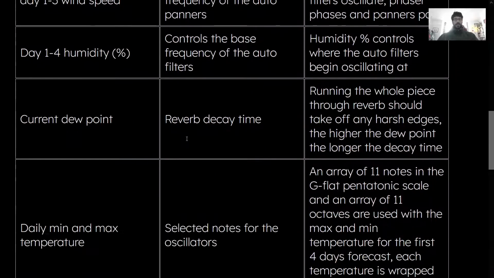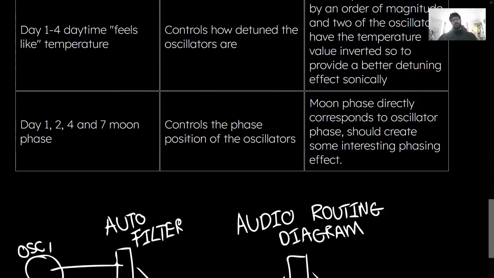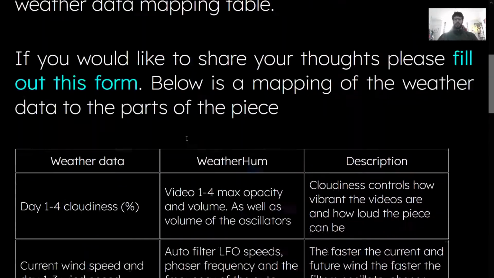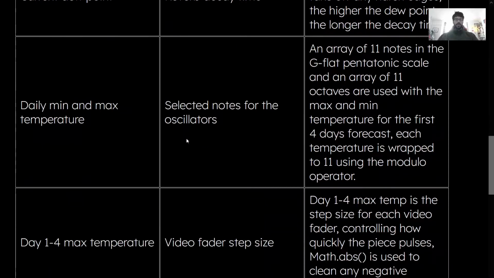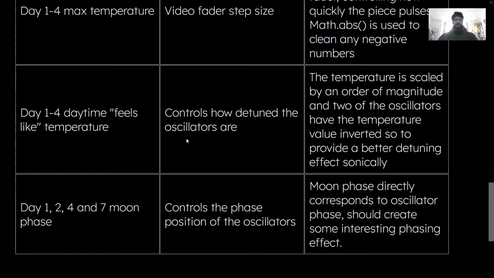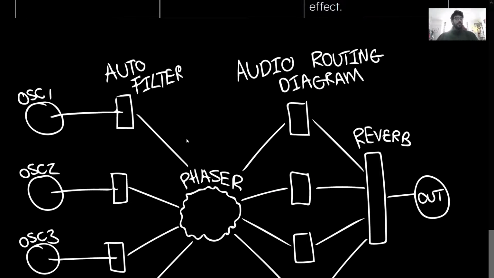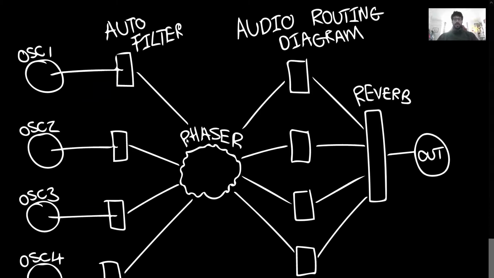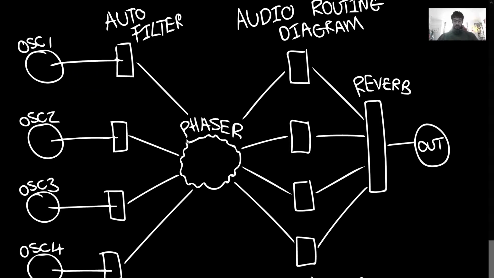And then this is a table explaining all of the various parameters that I've mapped to my piece from the weather. And then I also drew a nice shiny diagram that explains the audio routing. So you've got 4 oscillators going into their own auto filter, which provides some movement.